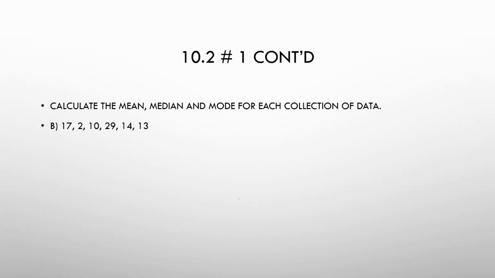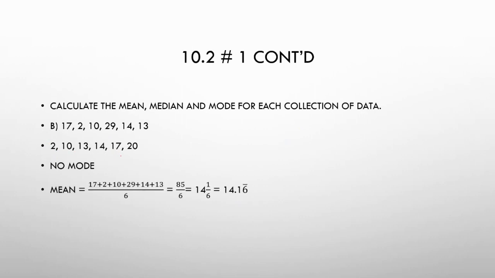Okay, next we're going to look at part B. This time I have much different numbers. The first thing I decided to do was to put them in order. I noticed that each number only appeared once, so there was no mode. To find the mean, I added up the 6 numbers and divided by 6.